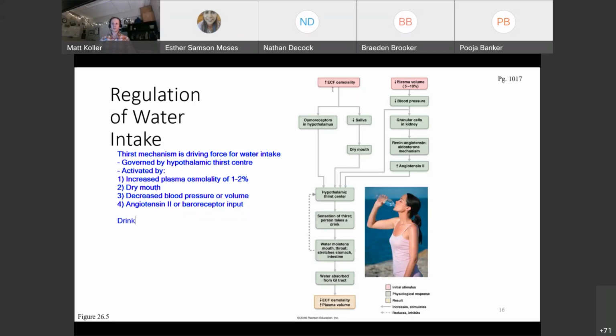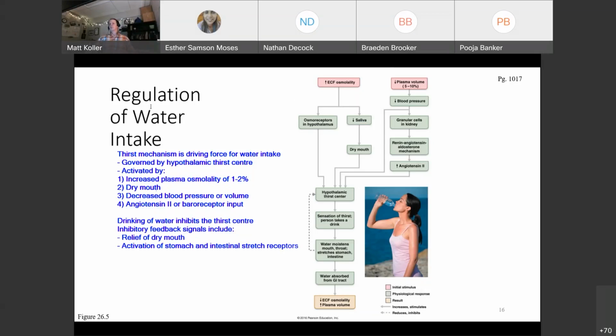And of course, drinking of water inhibits the thirst center, as it should, okay? And then your inhibitory feedback signals include, well, this one makes sense, relief of dry mouth, and also activation of stomach and intestinal stretch receptors.